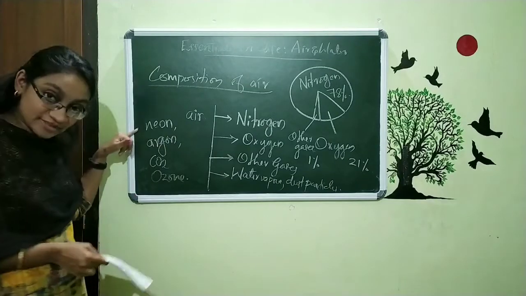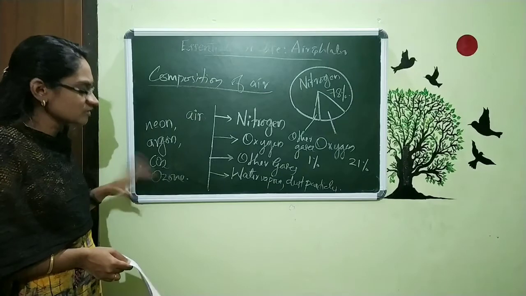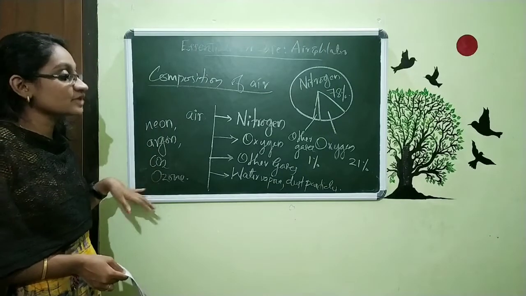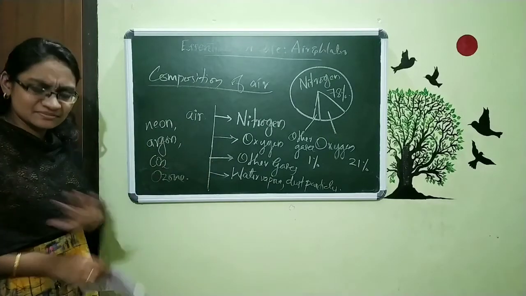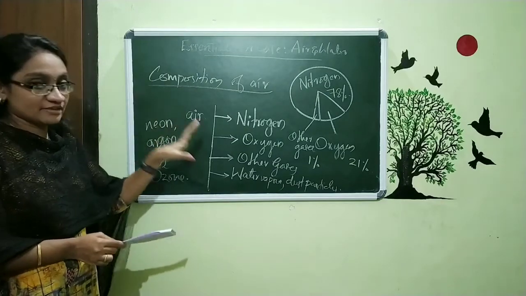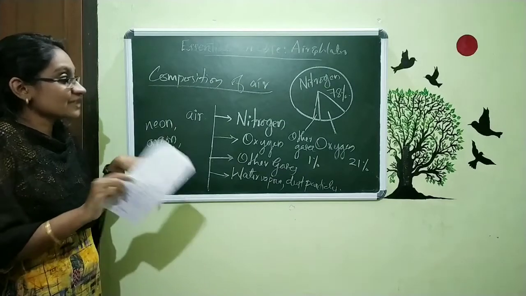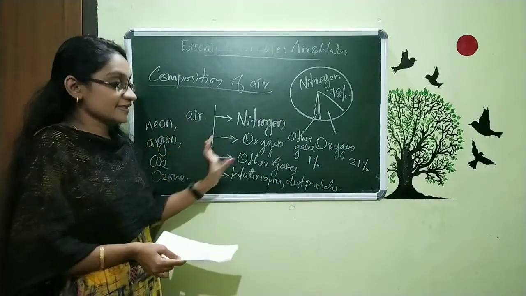That means neon is there, argon is there, carbon dioxide is there, ozone is there. Actually these are gases similar to oxygen and nitrogen. So you just need to study these names. So we are talking about the composition of air. That means what is included in air or what combines to form air. So we can say the air contains nitrogen.